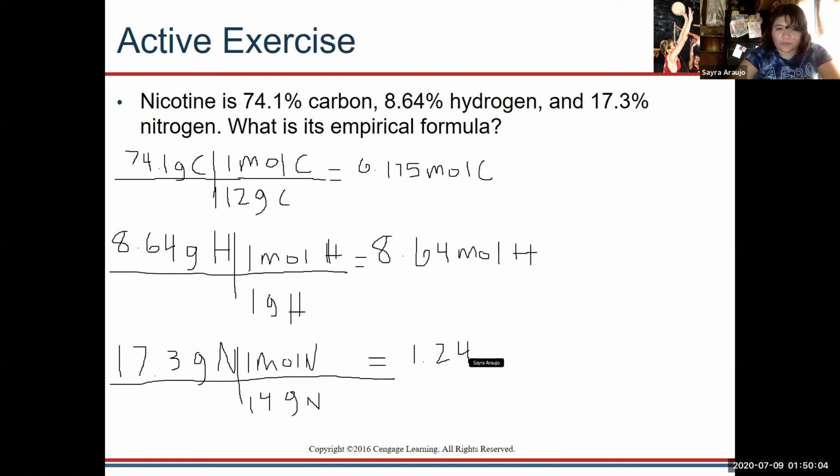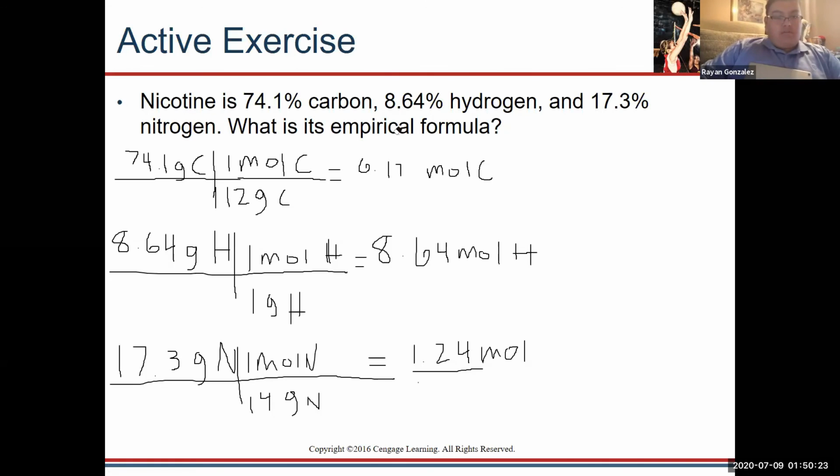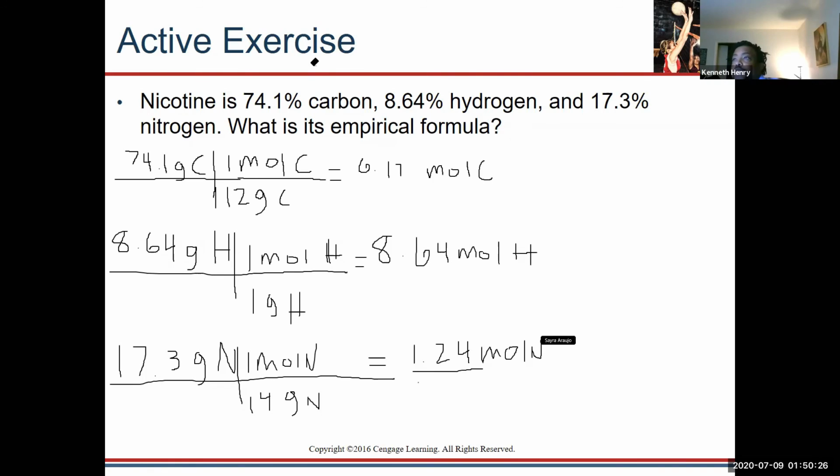And then you divide by the smallest number, right? That is correct. So finish putting your units. So how many sig figs should we have? 3. So this should be an 8, right? Correct. Okay, it's not a pretty 8, but it's an 8.